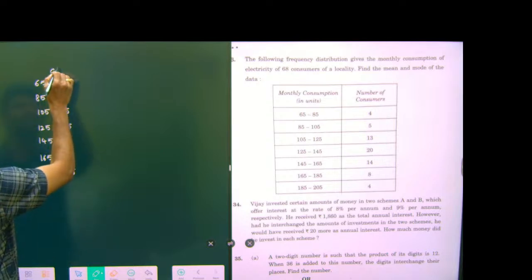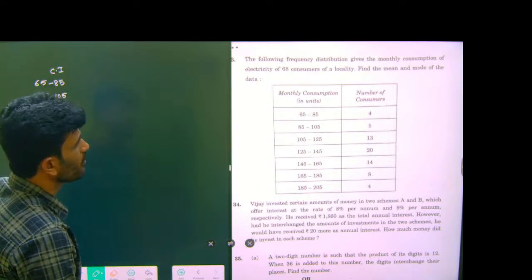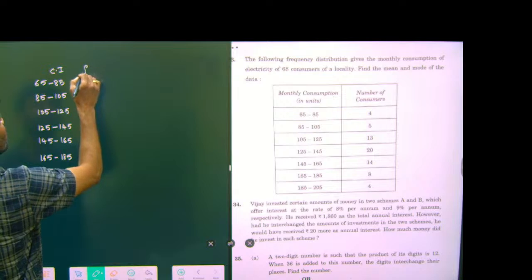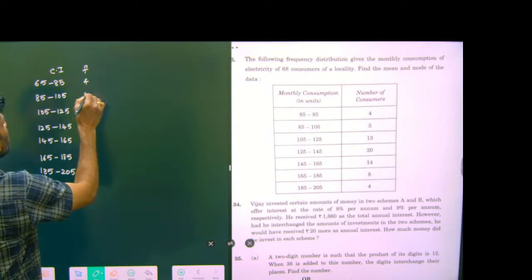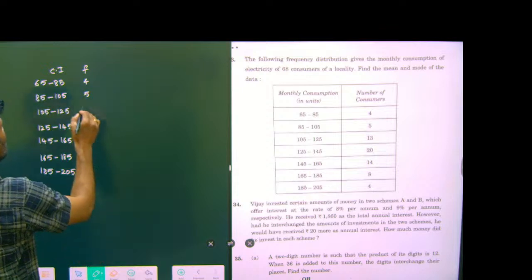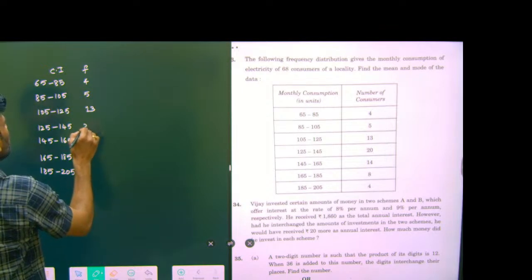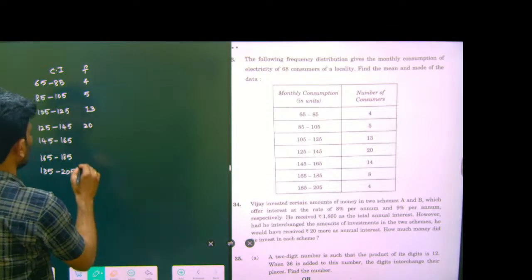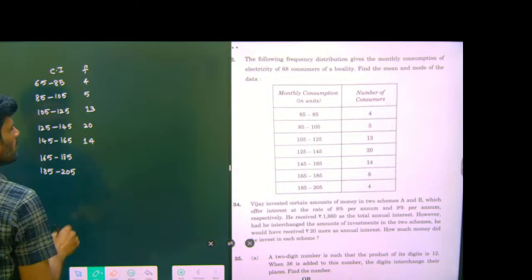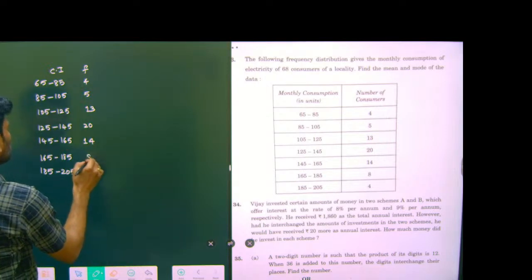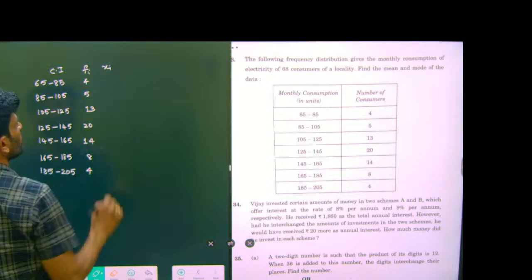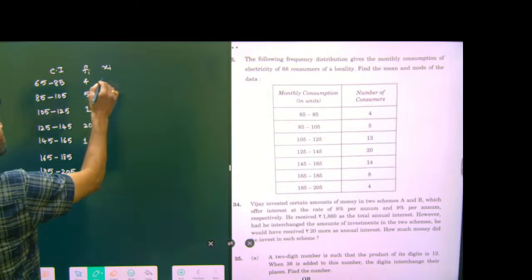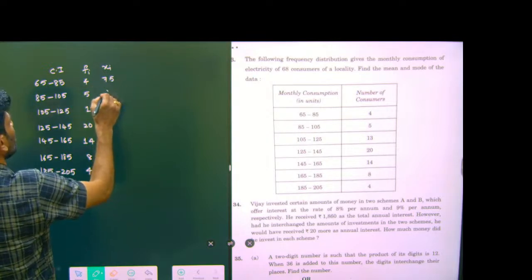These are class intervals. And what are the frequencies? Frequency is given as 4, 5, 13, 20, 14, 8, 4.